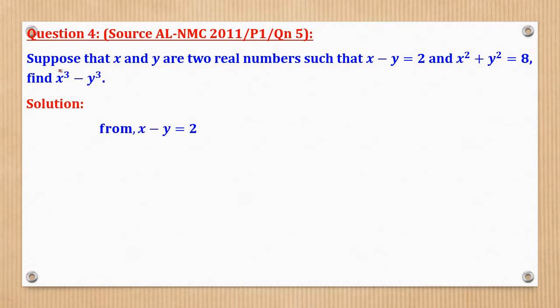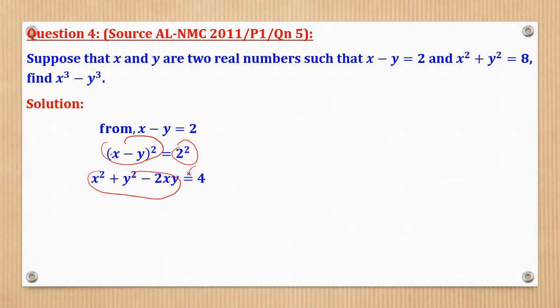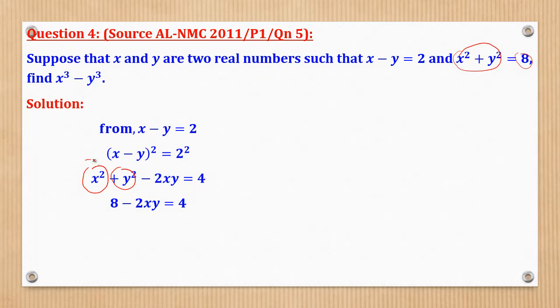So from this, when I square both sides, I'll come up with x minus y squared equal to 2 squared. Then expand this, I'll come up with this. Here it will be 4. But we realize that this x squared plus y squared is equal to 8, yet here I also have x squared plus y squared. So the whole of this will be equal to 8.